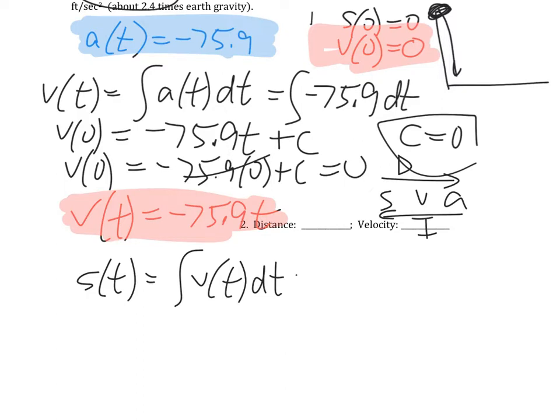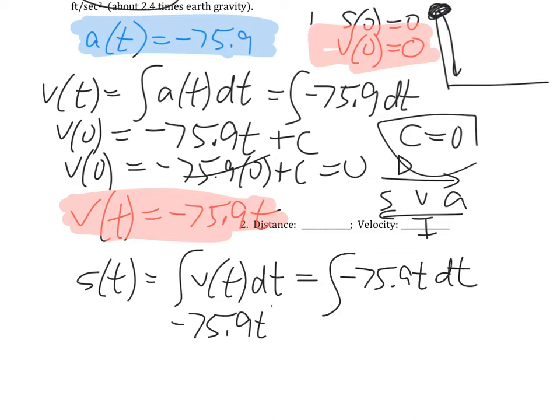So here our position function is the integral of our velocity, negative 75.9 t dt, or negative 75.9 t squared over 2 plus c. Negative 75.9 divided by 2 is negative 37.95 t squared plus some constant.